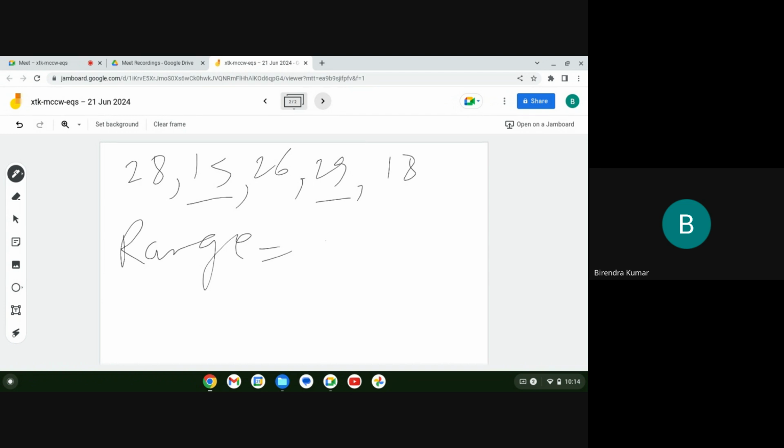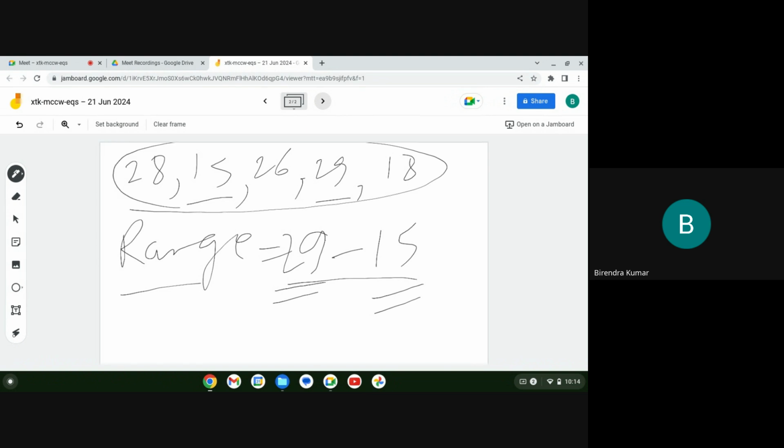This is exactly what we do in math also. As I keep claiming, math is nothing but English. This is how you find the range. If you are given a set of numbers and told to find the range, it would be the largest number minus the smallest number, or the biggest minus the least value in the set of numbers that you have. Okay, this is the first thing.